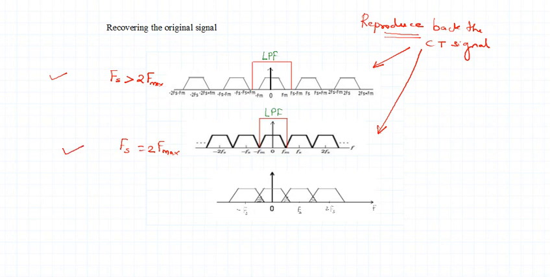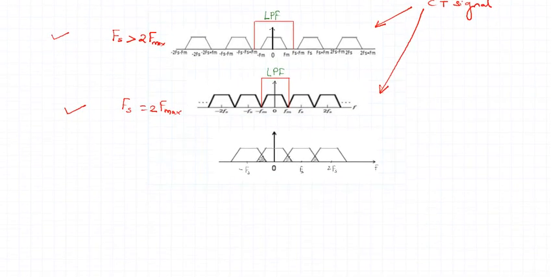Now let me go for the third case. What has happened in the third case is that my Fs is less than twice of F max. It means that I have not satisfied the sampling theorem, and therefore what has happened to my spectrum? My spectrum has an overlap, right?